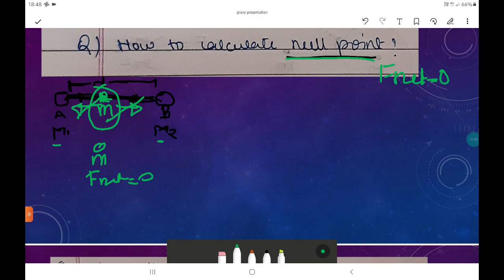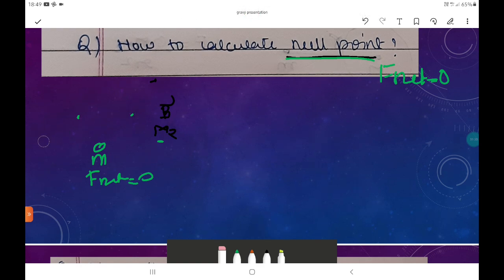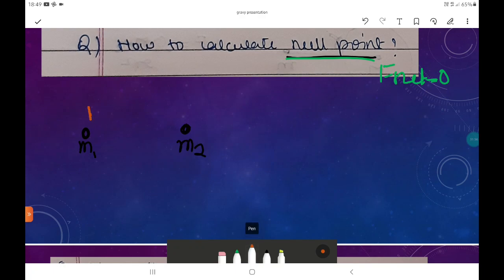So for example, if I take this example itself, how do you calculate the null point? You need to consider that small m, and you need to equate both the forces. Okay, let me do it once again. Suppose this is your m1 and this is your m2, and they are at a distance d.